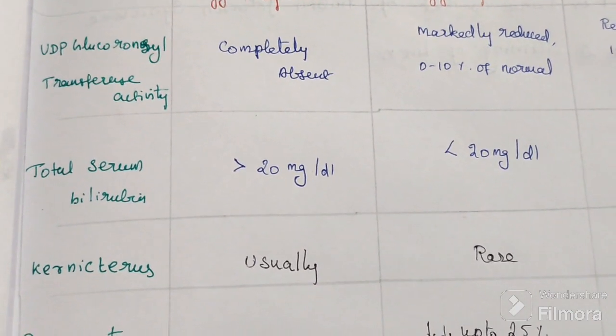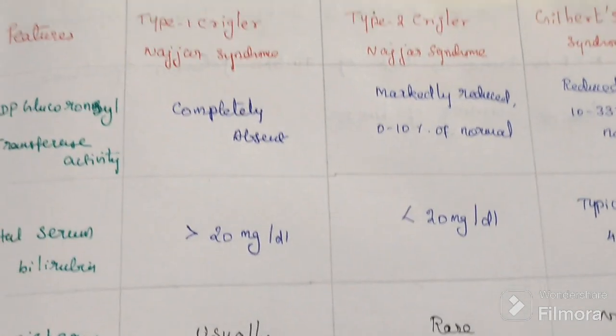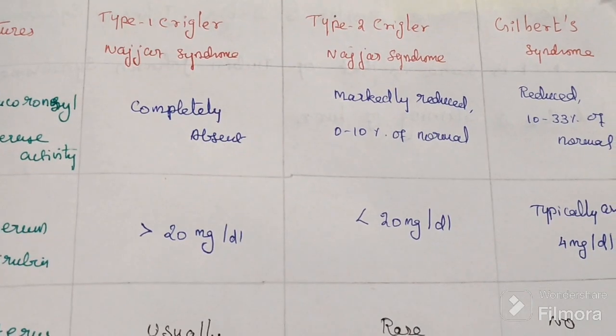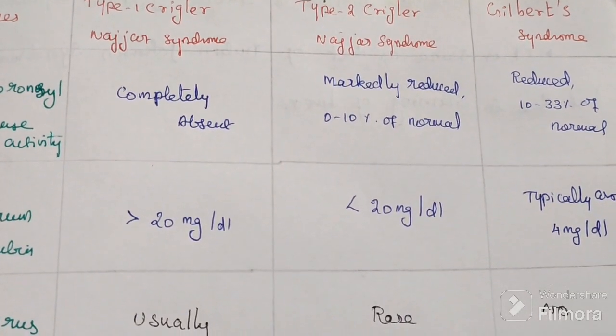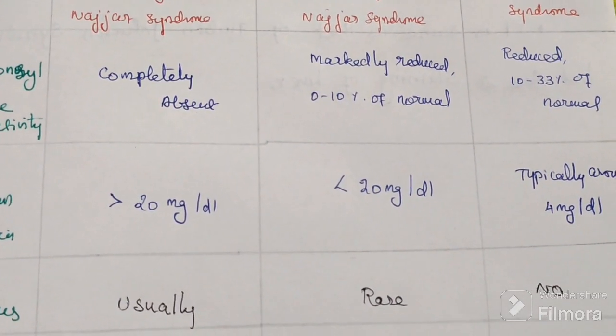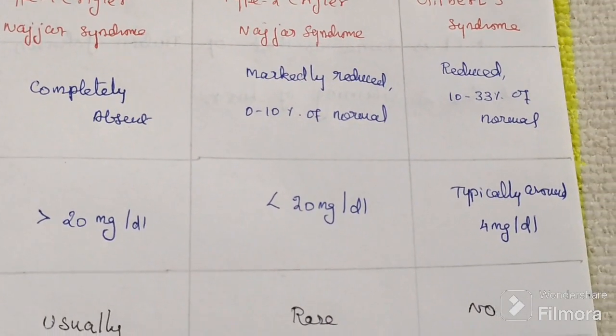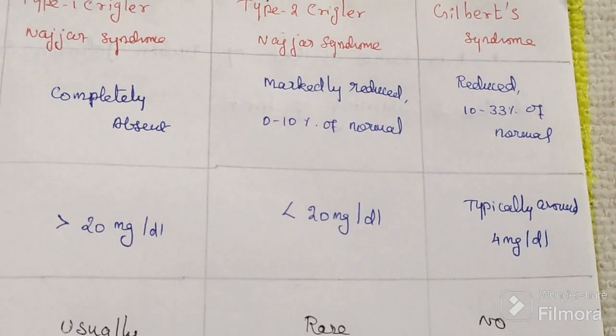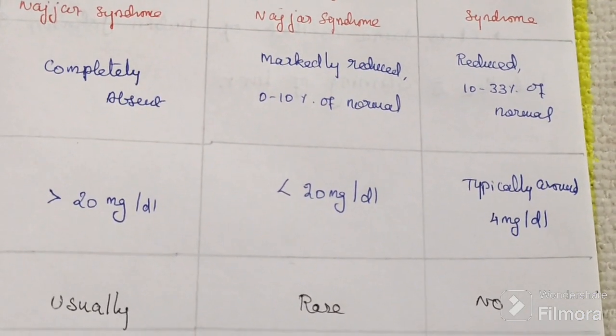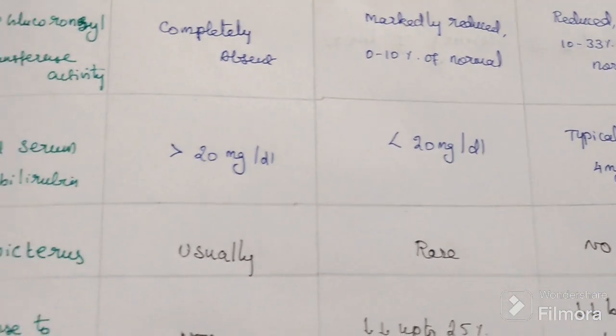Second is total bilirubin level. In Crigler-Najjar type 1 it is more than 20 mg per deciliter, type 2 less than 20 mg per deciliter, and Gilbert syndrome about 4 mg per deciliter.